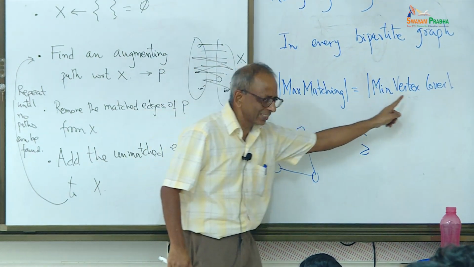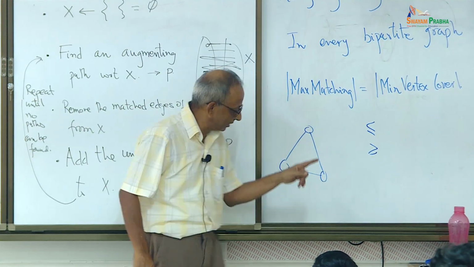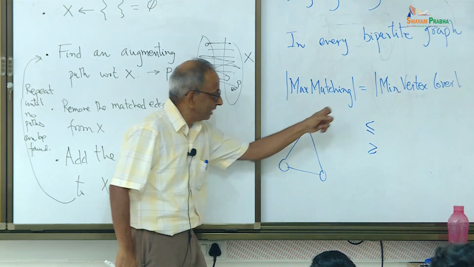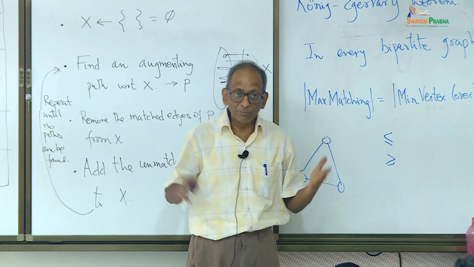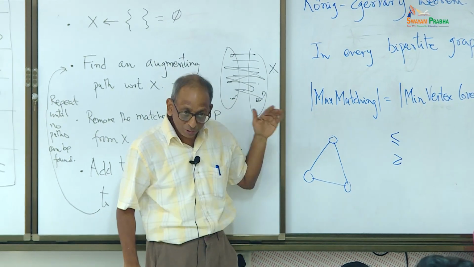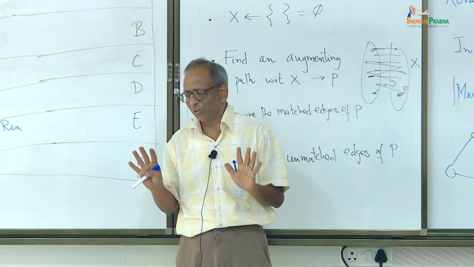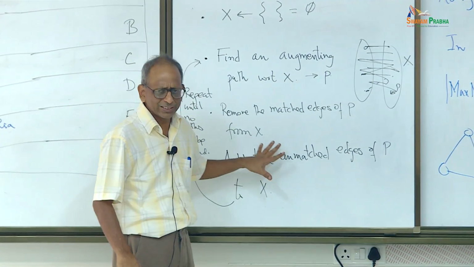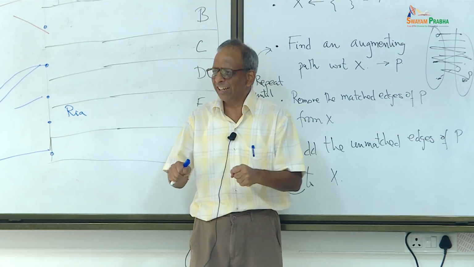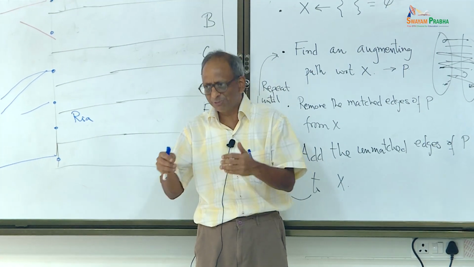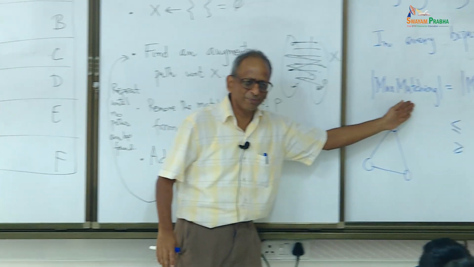What is the minimum vertex cover in this graph? 2. So for general graphs, this graph is not bipartite, this equality does not hold. For bipartite graphs, it's a miracle. It always holds. What I said was not very clear, but if you think about this algorithm and what happens when it stops, and stare at it for 5, 10, 15 minutes, you will see that this algorithm actually proves this theorem.